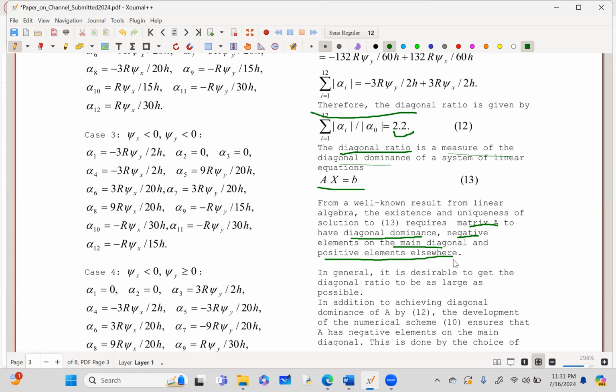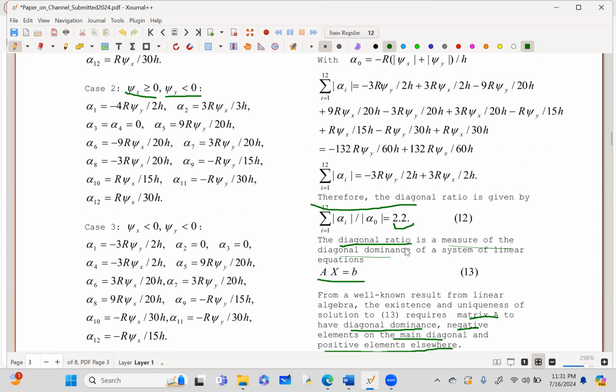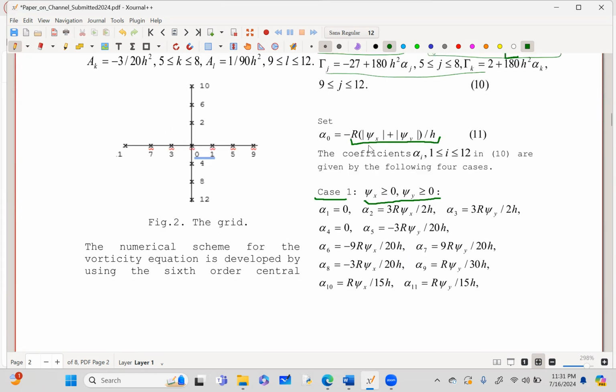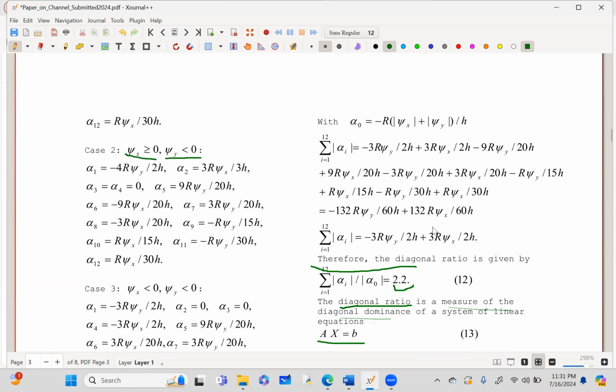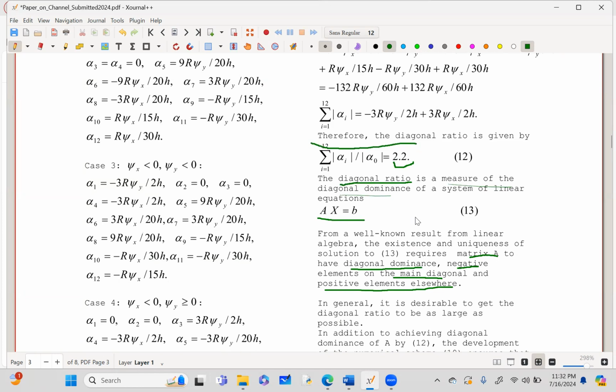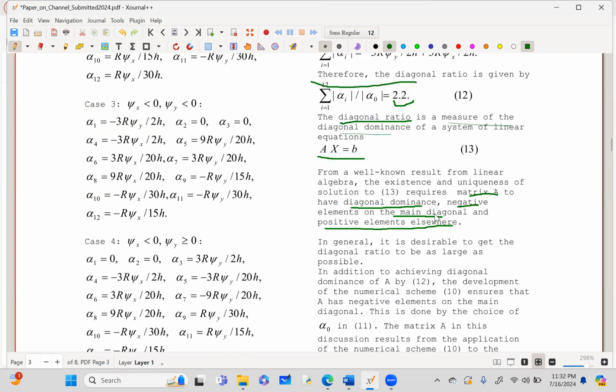That's how we have the main diagonal elements to be negative, which we showed a second ago in the choice of alpha 0 right here, going back to 11. And then the diagonal ratio, which we try to achieve as large as possible, and we were able to get 2.2. It is desirable to be as large as possible, which has to do with the existence and uniqueness of the solution to 13.